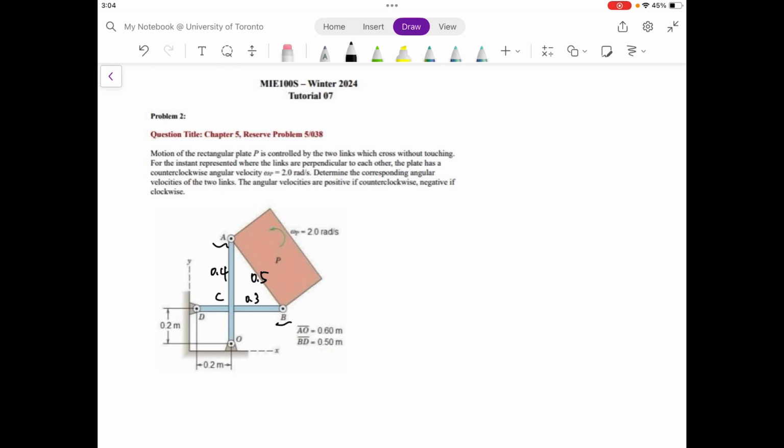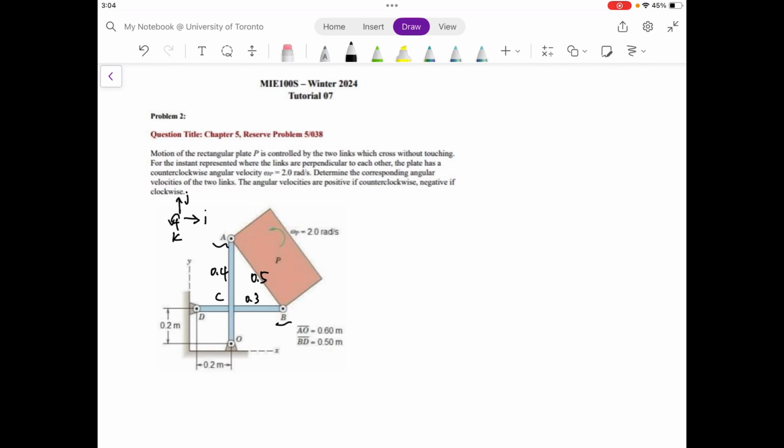If we define our Cartesian coordinates, here's our I, here's our J, and K will be counterclockwise positive.